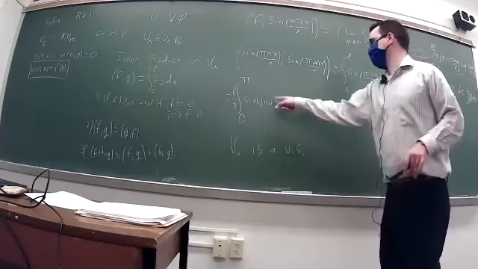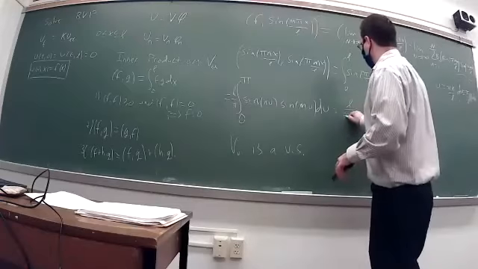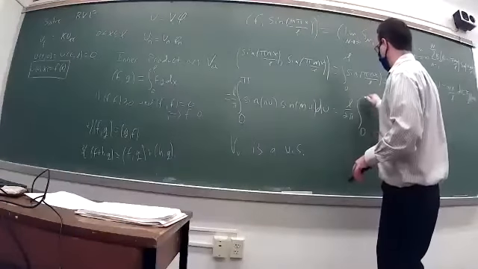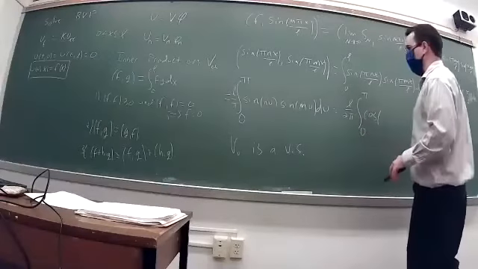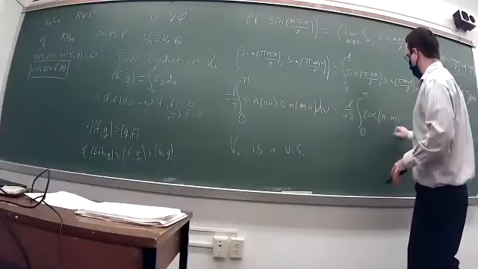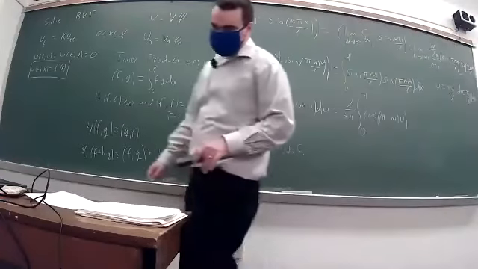Okay, and so now this is more cleanly written in that product to sum formula. So you divide by 1/2, and this time you get cosine of n minus m times u. Is it minus or plus?